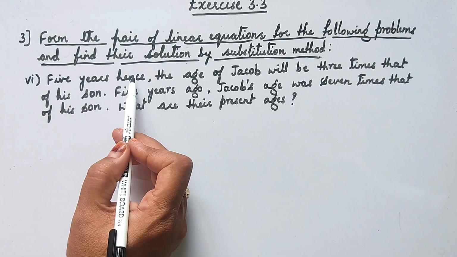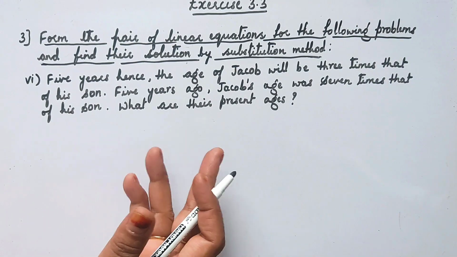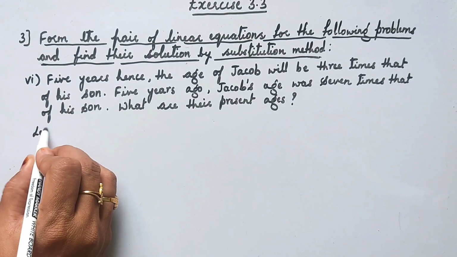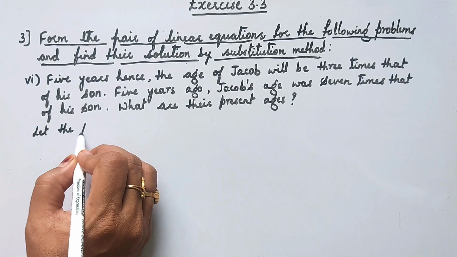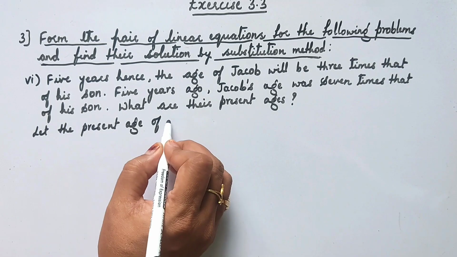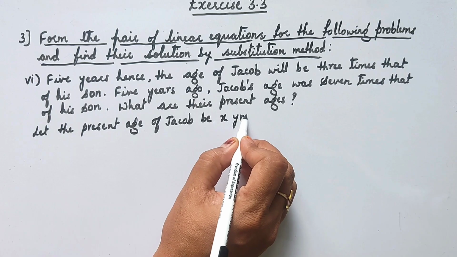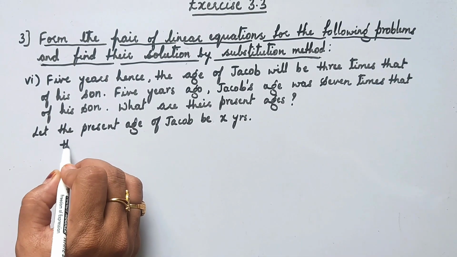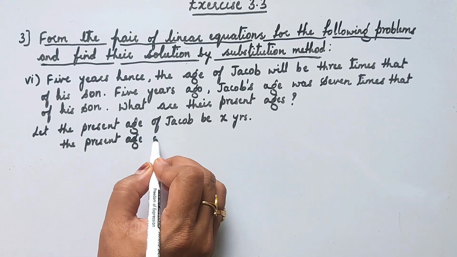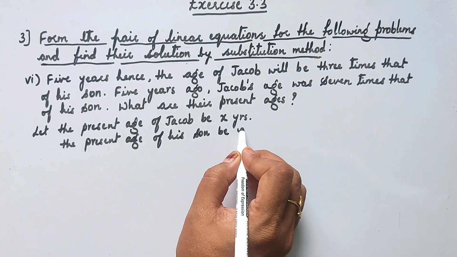5 years hence, the age of Jacob will be 3 times that of his son. So do we know the age of Jacob or his son? No, we don't know. So let the present age of Jacob be x years and the present age of his son be y years.